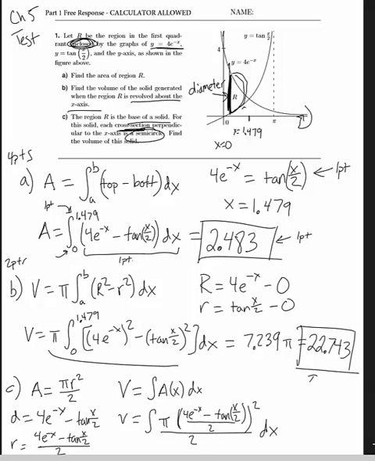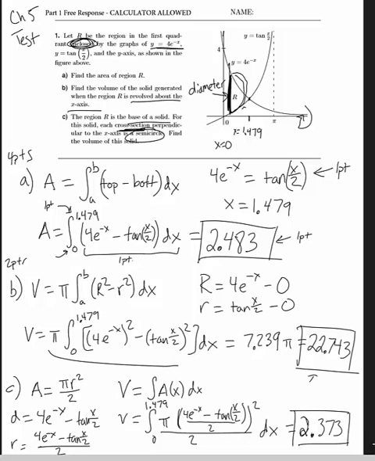Our endpoints remain the same, from 0 to 1.479. Then you type that into your calculator, and our answer should be 2.373. Again, we'll box that. There's your final answer.